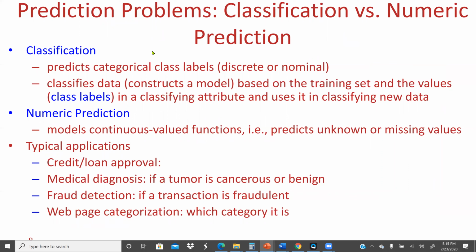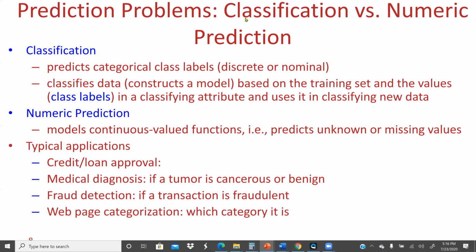Now, for the prediction problem, are we going to use classification or numeric prediction? When we are doing supervised learning, classification means we are trying to predict discrete or nominal data, such as yes, no, true, false, etc. When we want to predict a numeric value, such as the price of a stock or an employee's income in 10 years, we cannot use something like a decision tree.